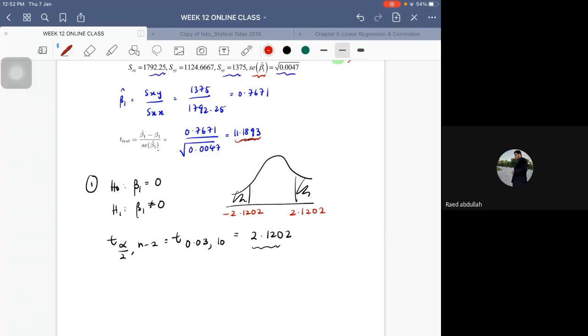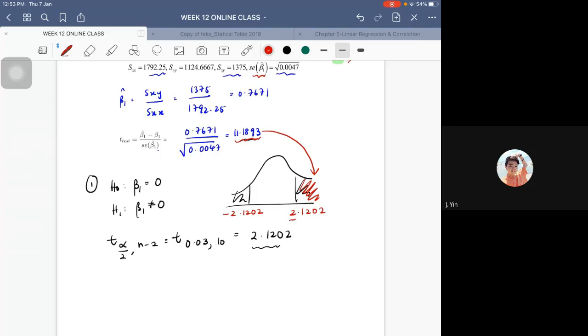Are we going to reject or do not reject this particular statement? Reject, exactly. We're going to reject because 11 is greater than 2, so automatically it's going to fall into the rejection region.